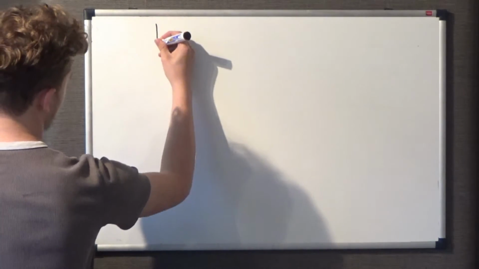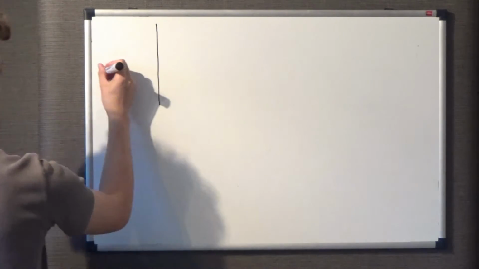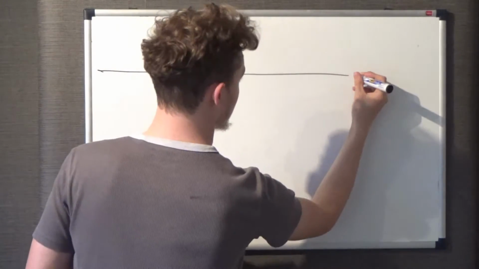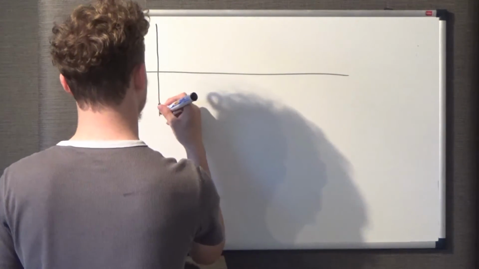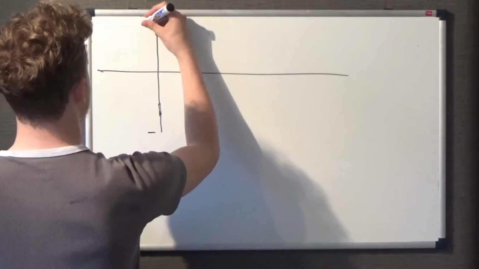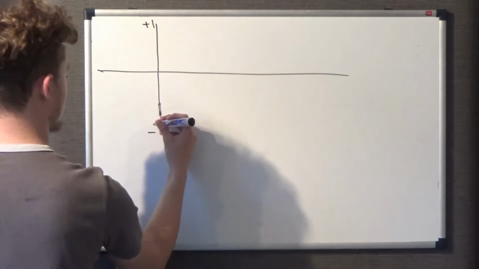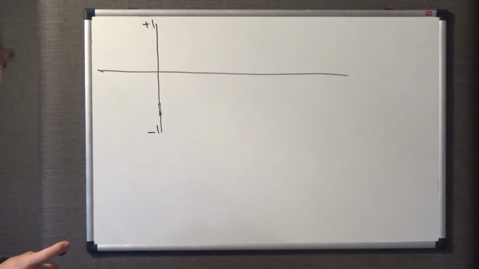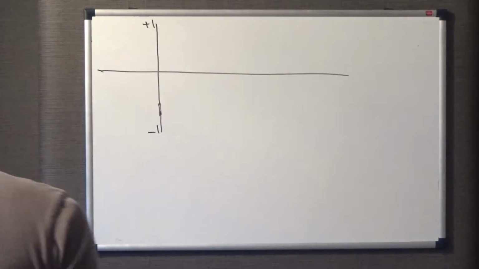So the cos graph, I'll just draw a quick sketch of them. Get the graph right, so that's -1 and +1. I'll draw the cos graph in red.